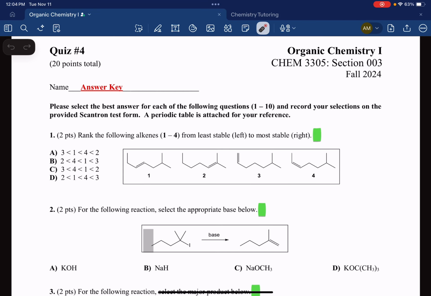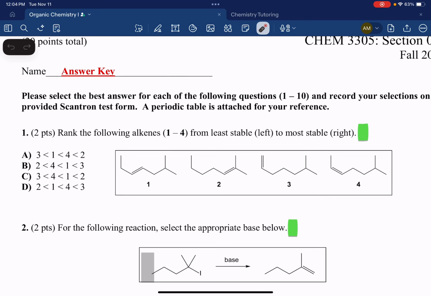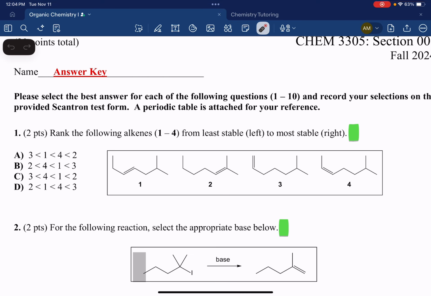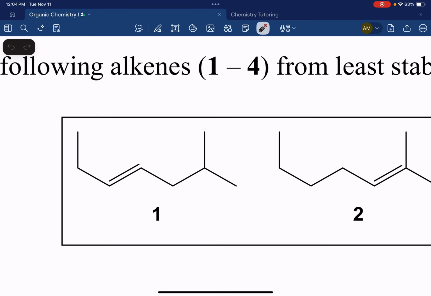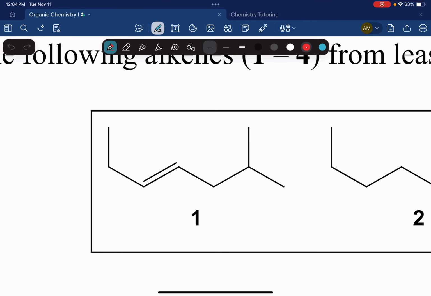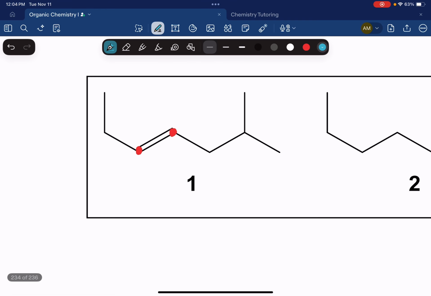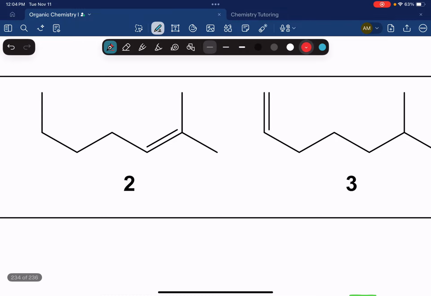Okay. All right, so we just talked about the stability, ranking it from most to least stable. So let's look at them one at a time. The carbons on the double bond are here, right? And then we'll mark the carbons they're connected to with blue. So this one's connected to 1, 2. So this is disubstituted. Carbons on the double bond are here and here. This one's connected to 1.